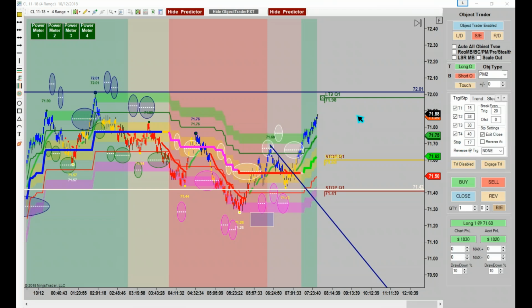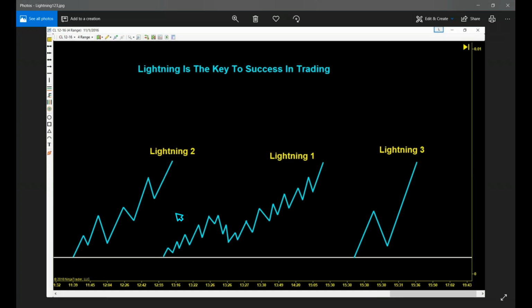But see how, Michael, what I like personally also is with these 4-range charts, you get to use these power meters and things like that, which to me is very, very powerful. Because I'm seeing, just like on this little swing chart that I made, exactly this type of trade every day.